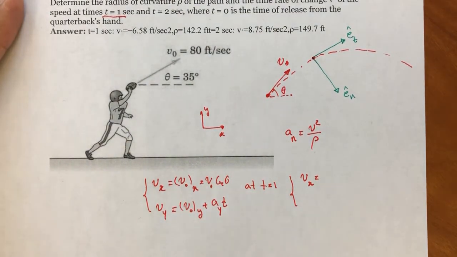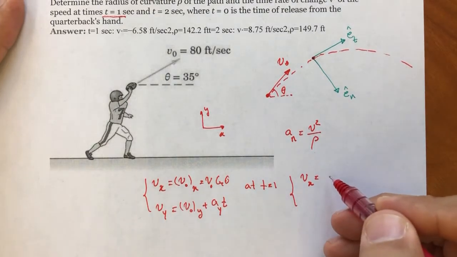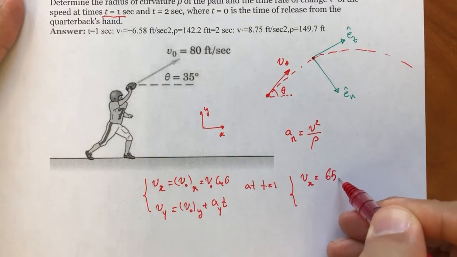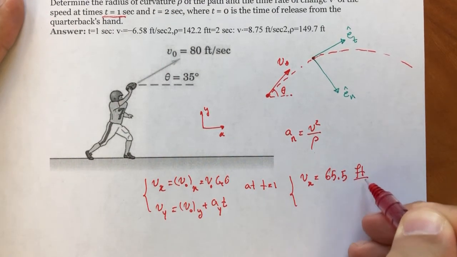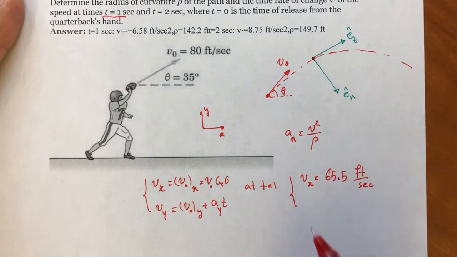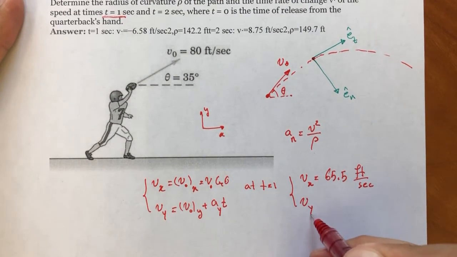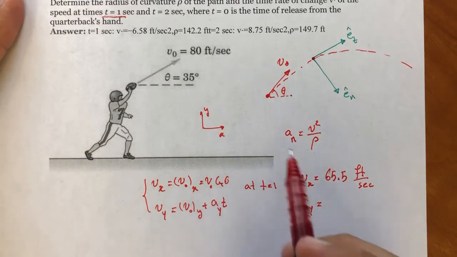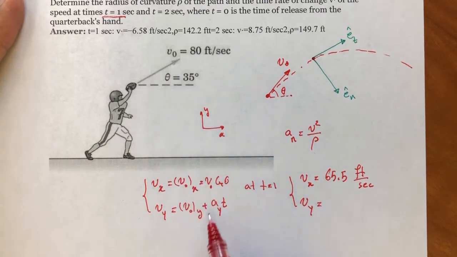So it's going to be equal to 80 times cosine of 35, which is 65.5 foot per second. And the velocity in the y direction is going to be v naught sine of theta, or 80 times sine of 35, plus acceleration, which is negative g, times t, which is 1.